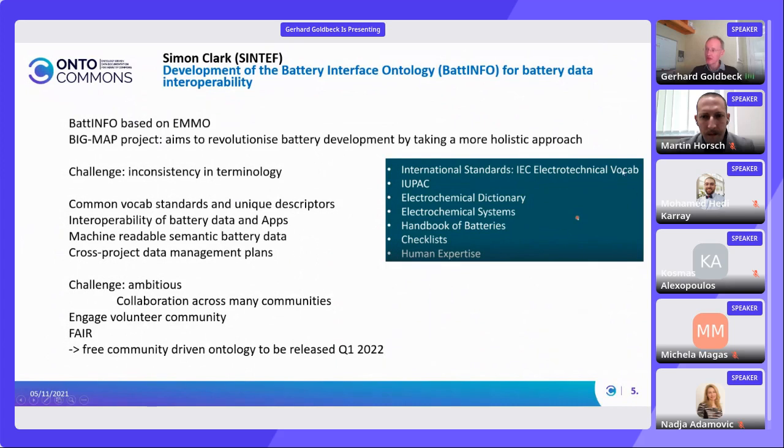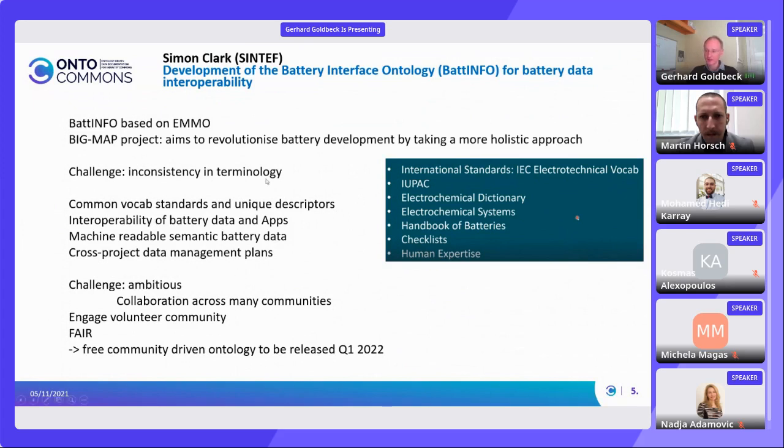There's a screenshot here from some of the dictionaries that are available, and there is a lot of work in terms of establishing vocabulary standards and unique descriptors and the tooling around that, and to get the community together across projects, and then also going all the way to machine readable data management plans across projects to enable that.